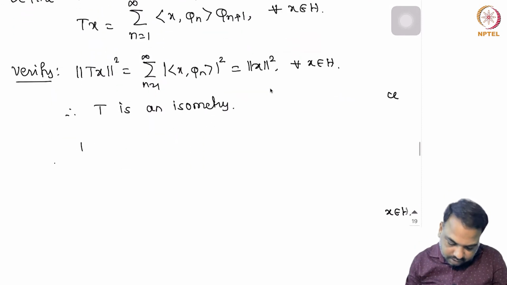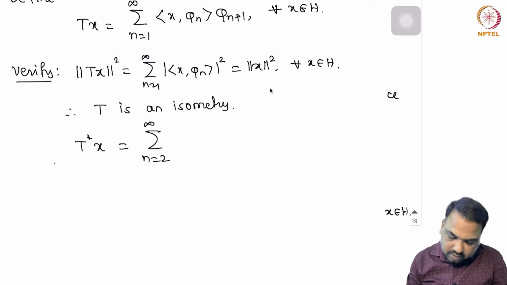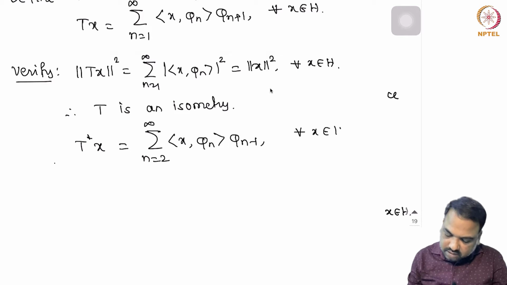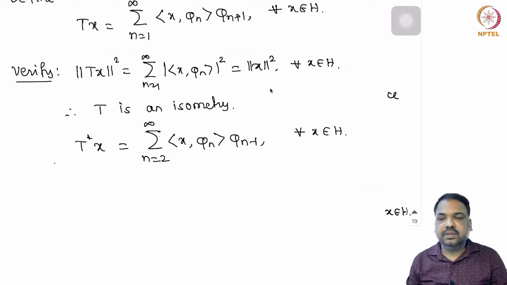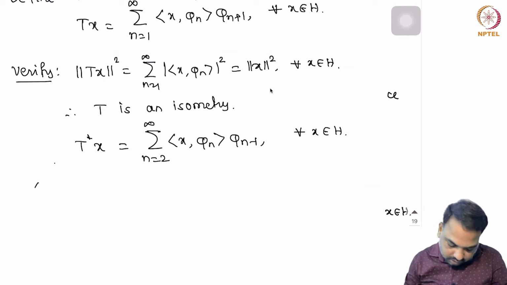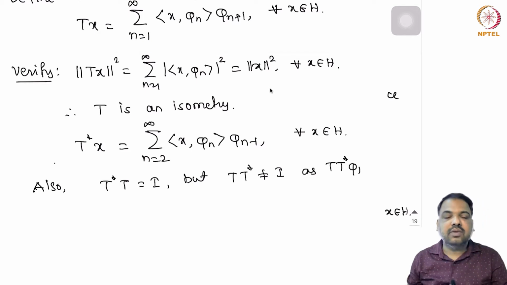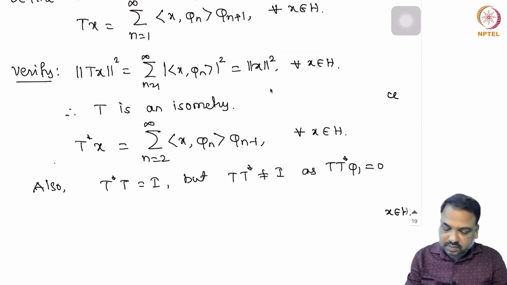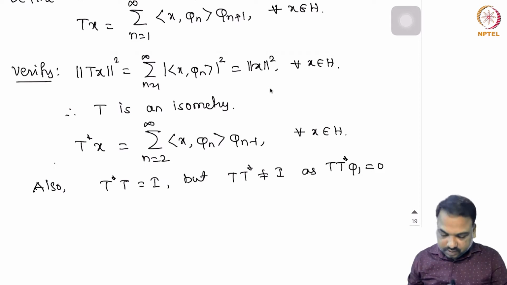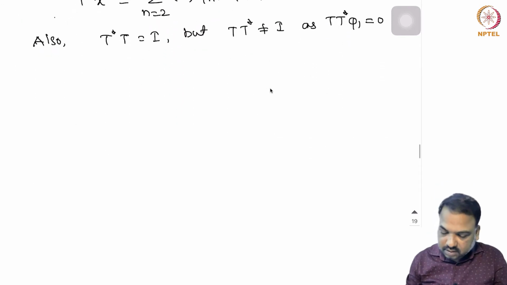Here we can easily show that T star of x is summation n equal to 2 to infinity of inner product x with phi n, multiplied by phi n minus 1, for every x in H. And also we can easily show that T star T is identity, but T T star is not identity, as T star phi 1 is 0. So this is an isometry but not unitary.